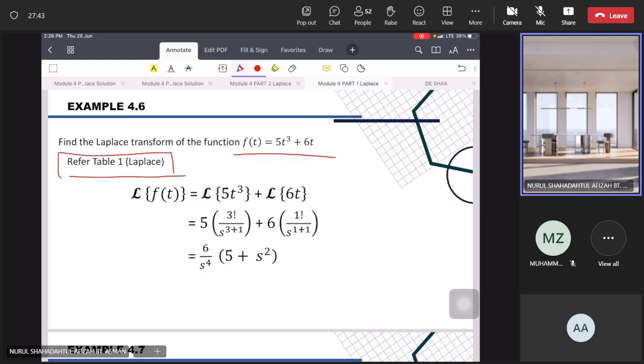So this is the Laplace transform of the function f(t). We need to find the Laplace transform of this function. So you just substitute the values from the table. We divide it into the functions: 5t cubed plus 6t.